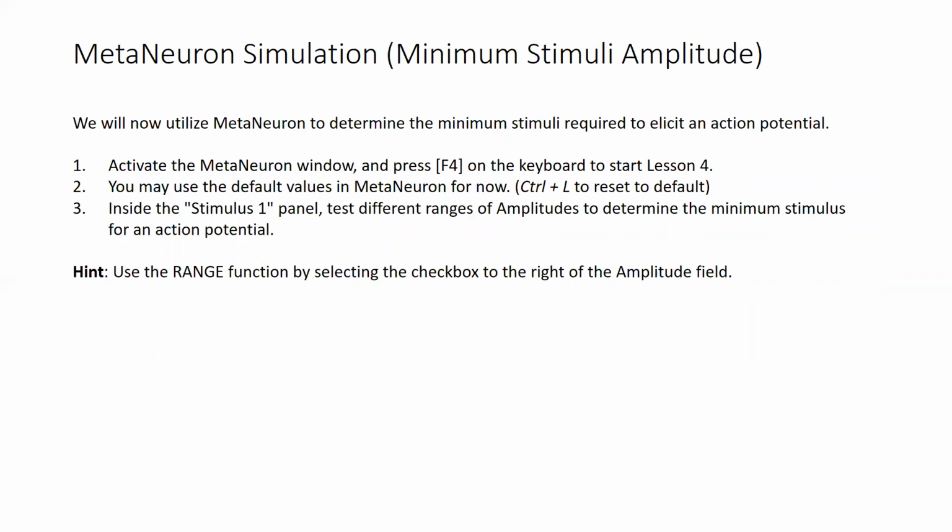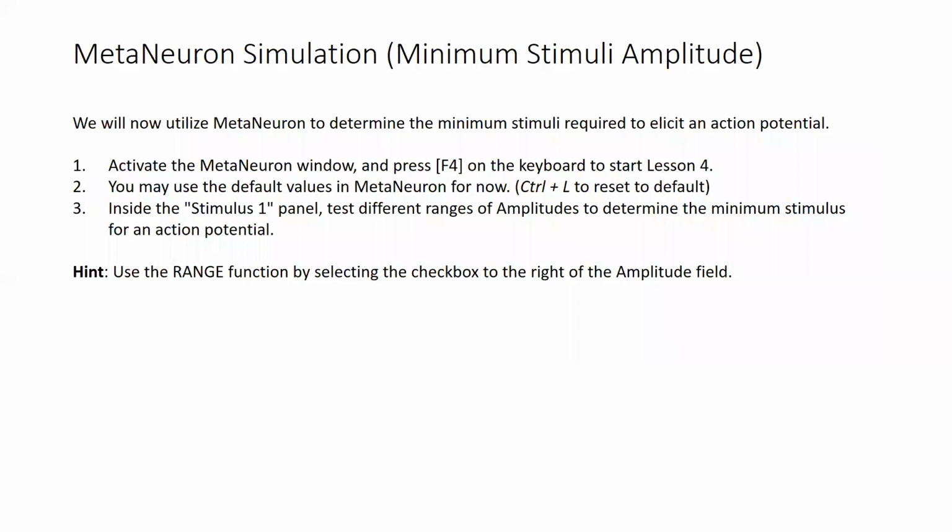We will now utilize Metaneuron to determine the minimum stimuli required to elicit an action potential. First, activate the Metaneuron window and press F4 on the keyboard to start Lesson 4.